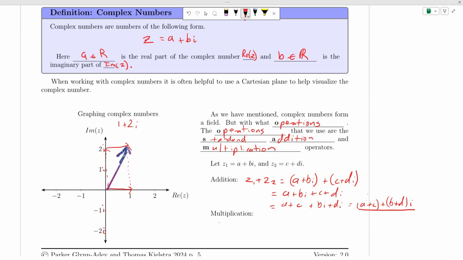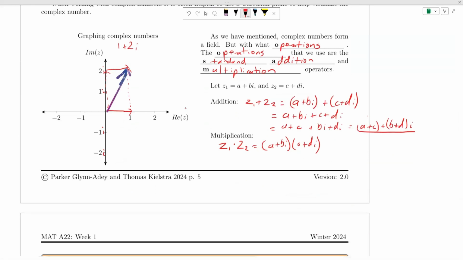And if we look at multiplication, z1 times z2, this is equal to (a plus bi) times (c plus di), which we are going to expand in the typical way to give us ac plus adi plus bic plus bidi, which is equal to ac plus adi plus bci plus bdi squared.